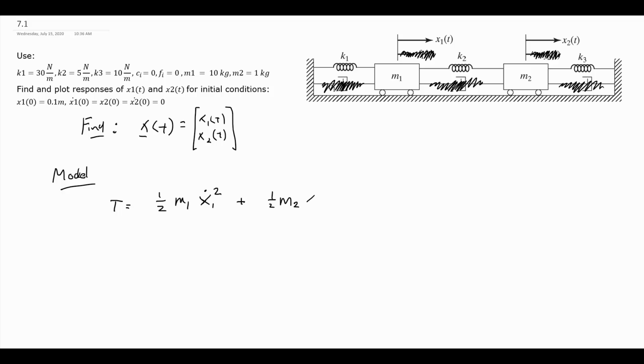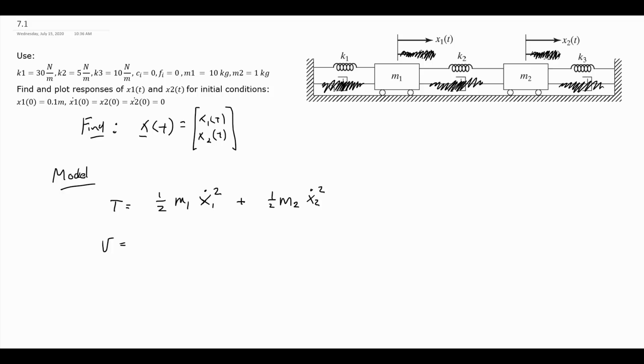Its mass is m2, its velocity is x2 dot, and that gets squared. But here we don't have that coordinate transformation. We can't get x1 in terms of x2 through some scalar relationship or vice versa. We have to leave these as x1 and x2. So it takes those 2 independent variables, x1, x2, and that is all we can do for T.